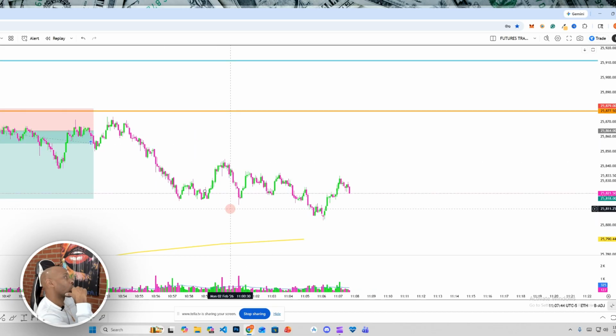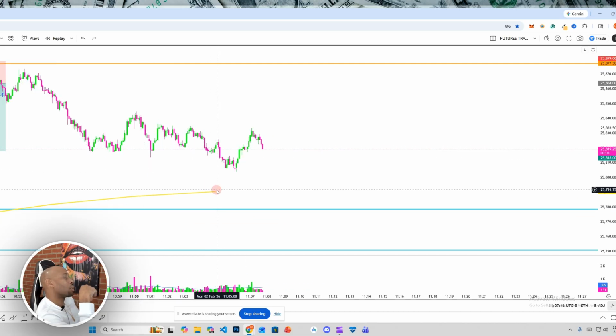All right, so I'm looking to see what price does at this yellow EMA, right about this area. I want to see if price rejects from this EMA.